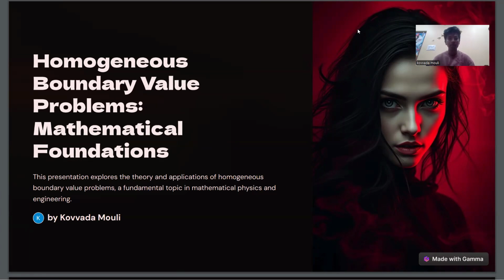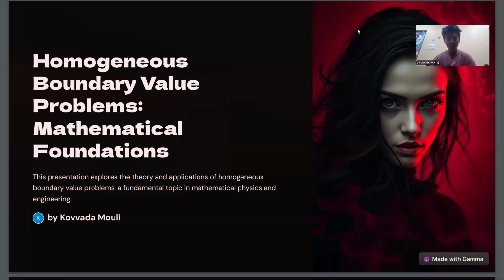Homogeneous boundary value problems, mathematical foundations. A homogeneous boundary value problem is a differential equation or system of equations combined by boundary conditions where the prescribed conditions are set to zero.